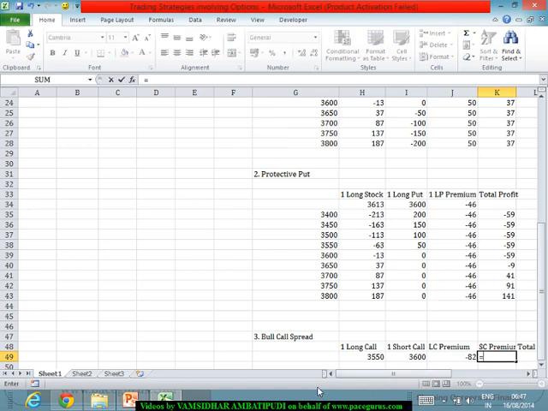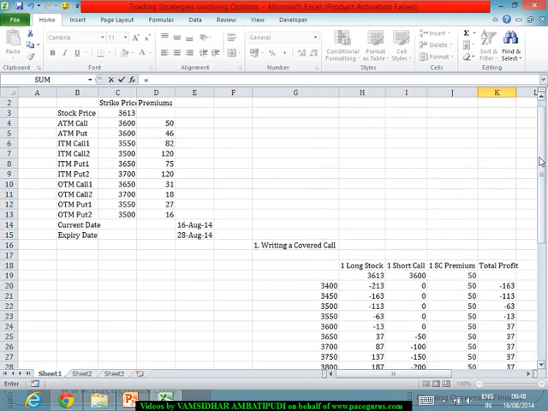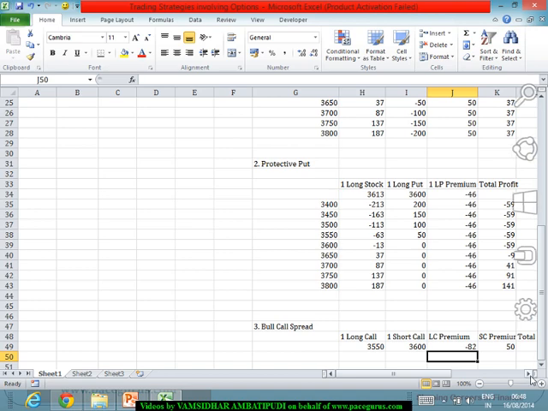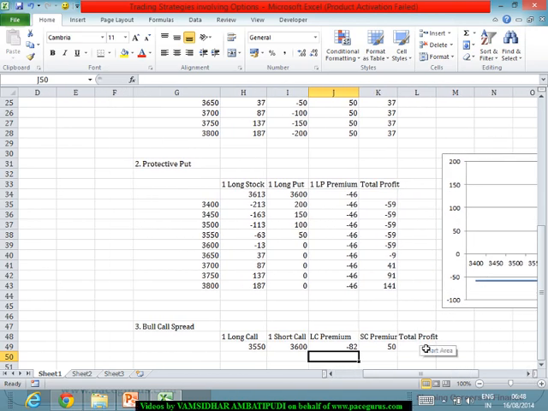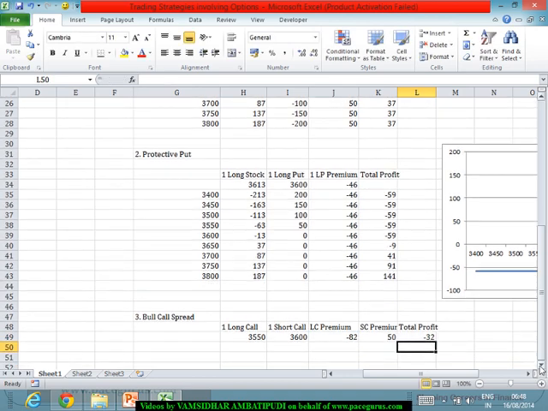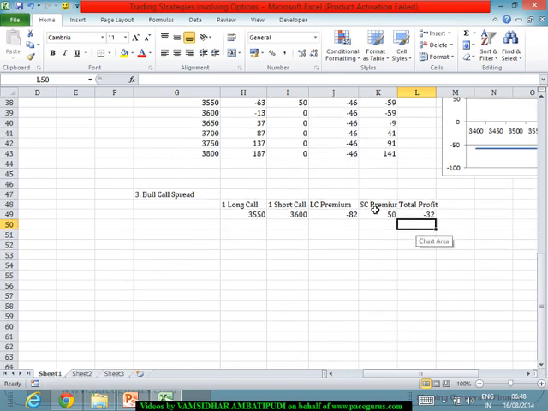For the short call at 3,600, I'm directly getting a cash inflow of 50. So net, on day 0 there is a cash outflow, an initial investment of 32 rupees. Whereas if there had not been a short position, there would be an initial cash outflow of 82 rupees, but now there is a cash outflow of only 32 rupees. That's one side of the story.